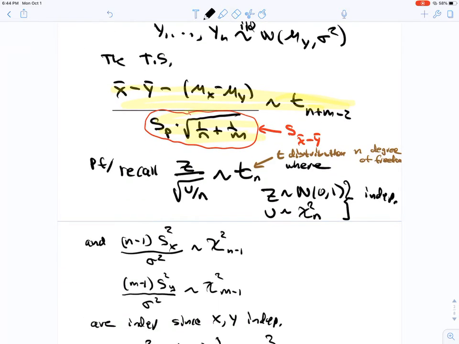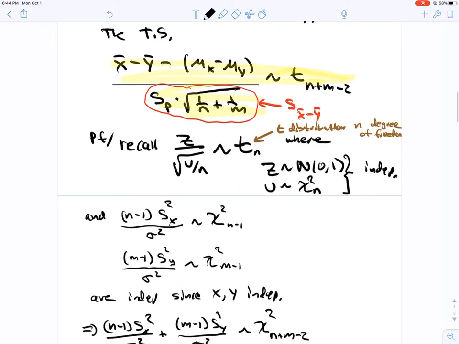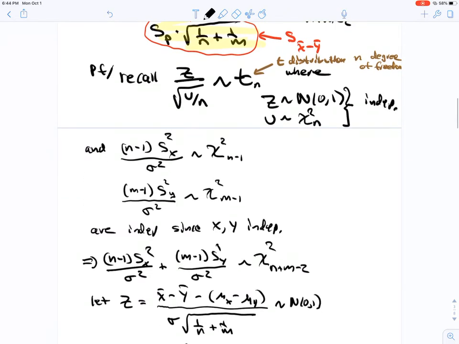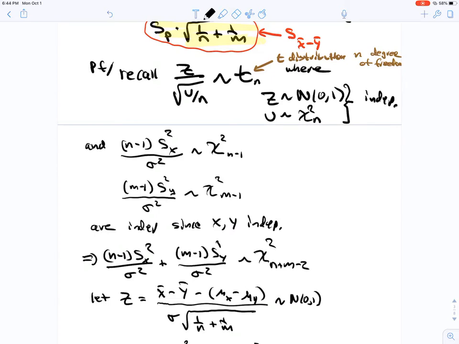So let's see why. So let's recall first what a t distribution is. It's a ratio of independent normal and chi squared. And let's also recall that n minus 1 sample variance over sigma squared is a chi squared with n minus 1 degrees of freedom.